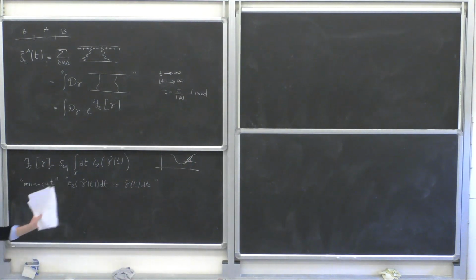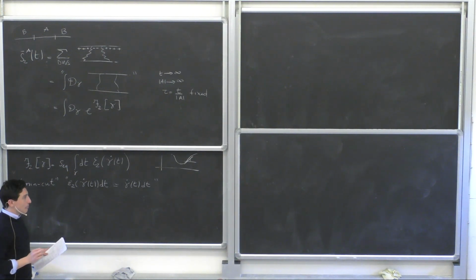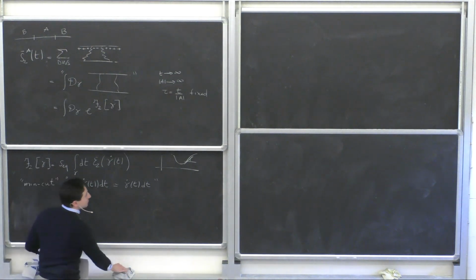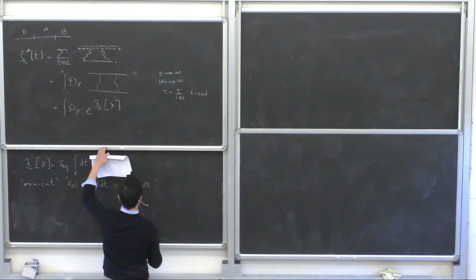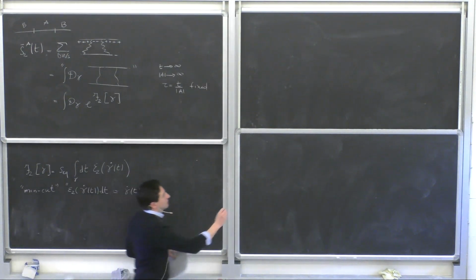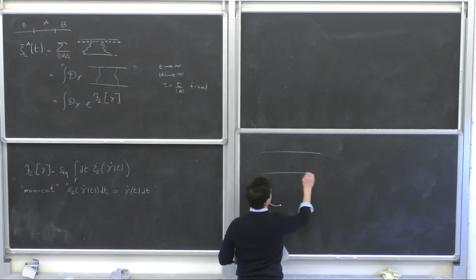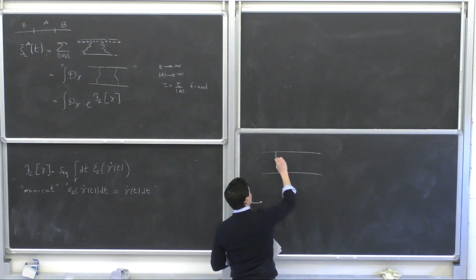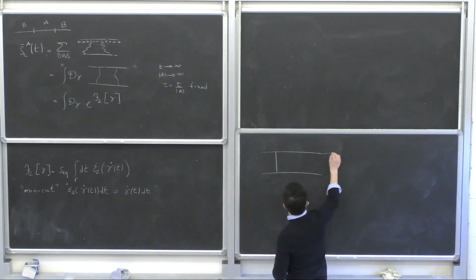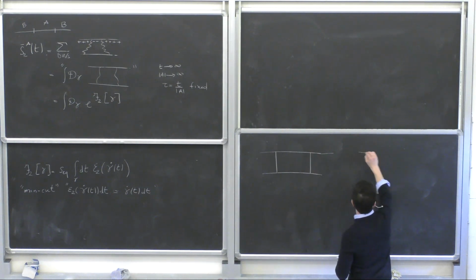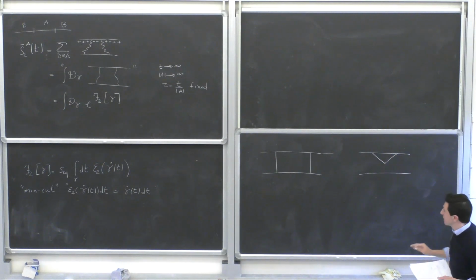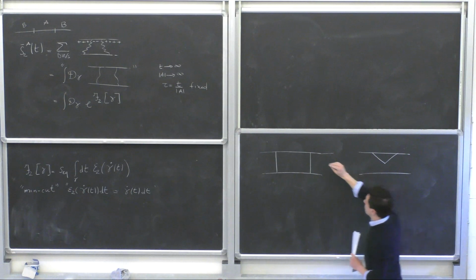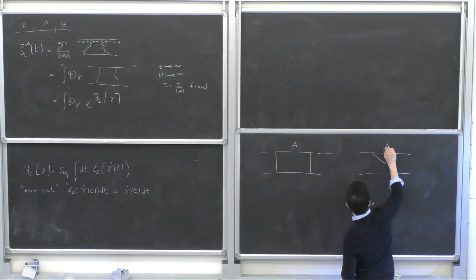In this simple case, it's the derivative of the curve, so it's a number. Maybe this is confusing, but what I mean is: we saw in the previous class, if this was A, two possible types of domain walls.